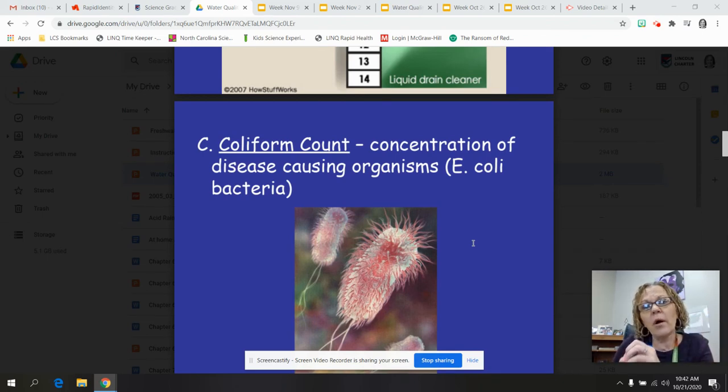But in a reservoir, when it's being filtered and it's checking for E. coli and the coliform count, it can't have any more than 1 of 5 tests positive, and they're pretty much testing every hour of 24 hours. So if they do 5 tests in 1 hour, one of them can come back positive for E. coli, but then they're going to follow it up with 4 more. So the next 4 have to come back negative, okay?